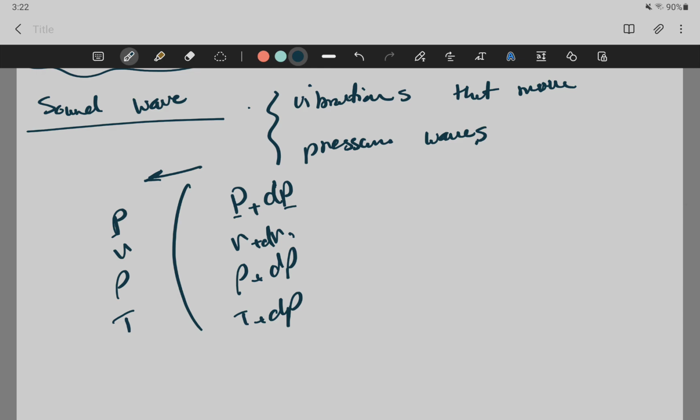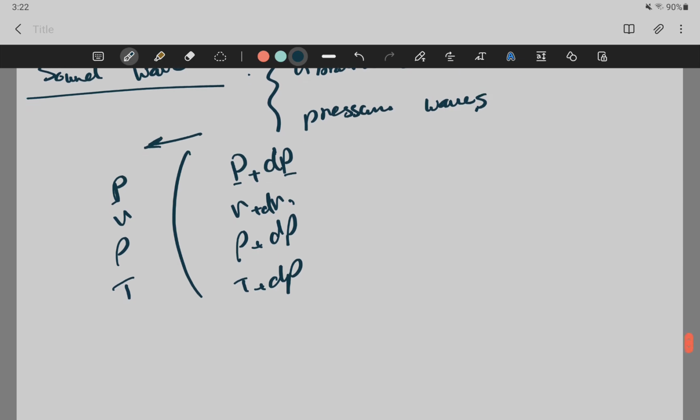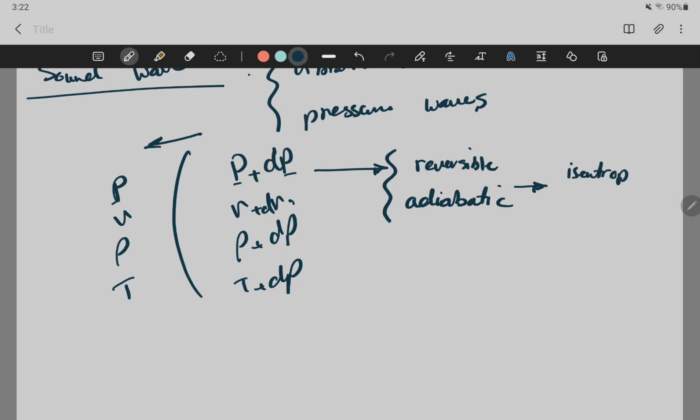So what is the specific thing about pressure waves? They are reversible and adiabatic, the sound waves. What does it mean? It means that the movement of a pressure wave is isentropic, right?